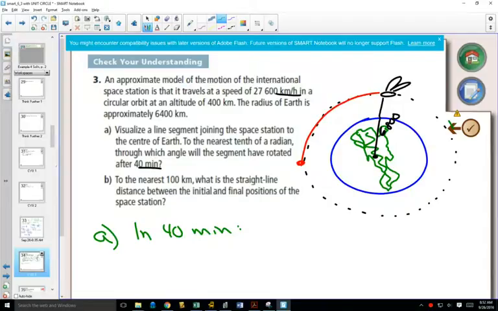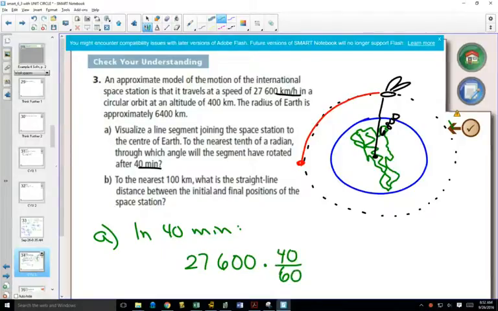Yes? You multiply how far it is going by how many kilometers an hour it's going by how many. So you're taking the 27,600, how many kilometers an hour it's going? And then multiplying that by 40. Multiply it by 40/60ths, or 2/3. Because if we look at a ratio, our 40 minutes is less than an hour, right?